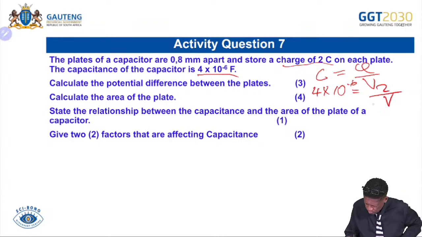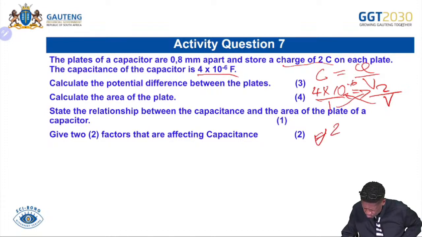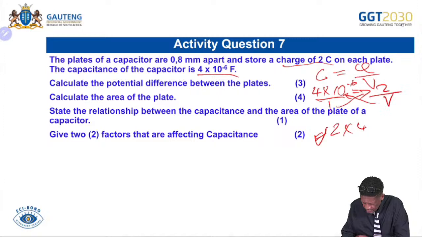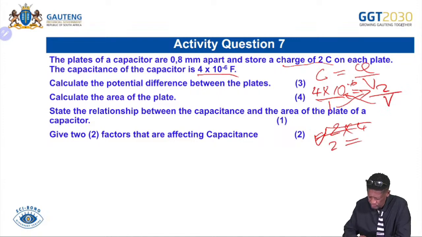Then what you do, you cross multiply. This goes there. This is over 1, it goes there. Then you've got 2 times 1 equals 2, because this one is multiplied to this side.